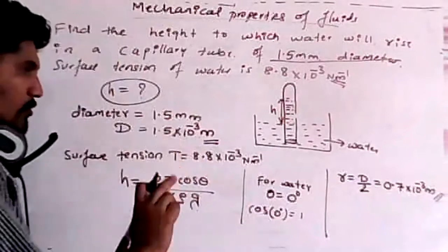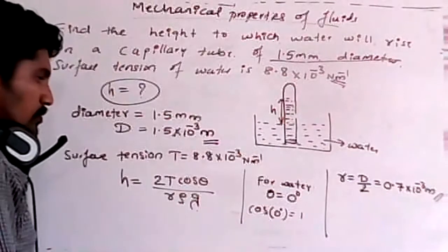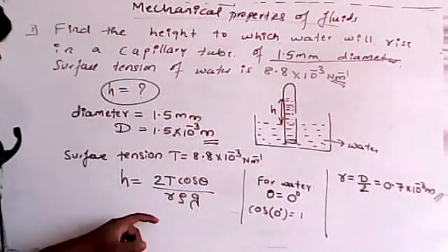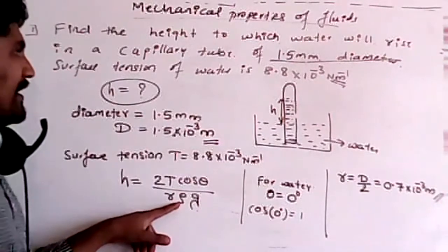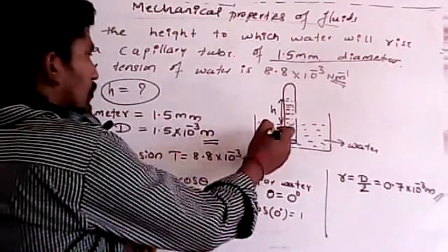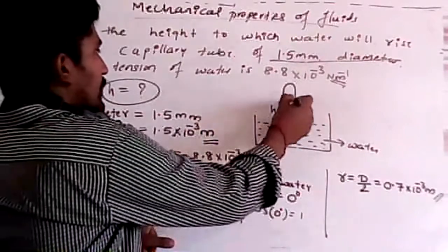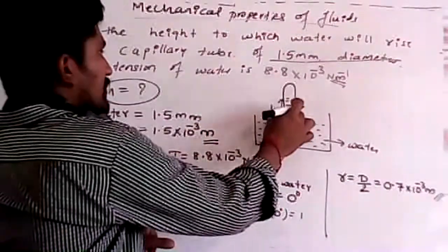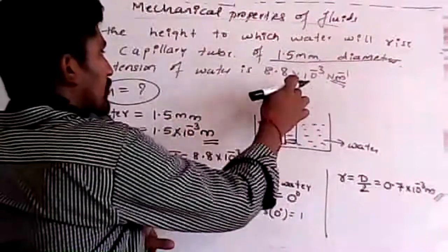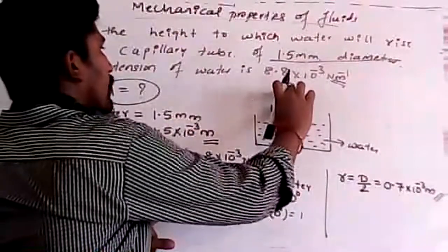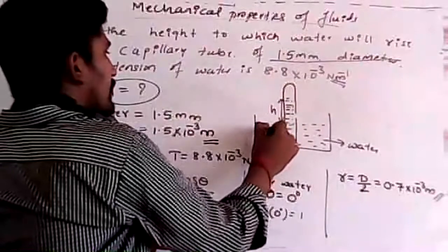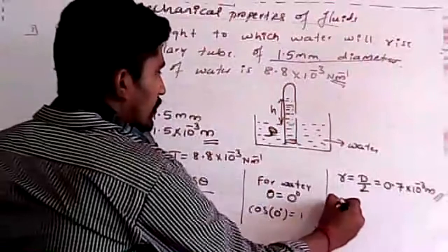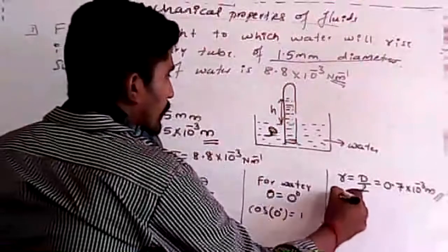The r value we know, the theta value we know. Then what is rho? Rho means the density of the liquid, here the rise in water.